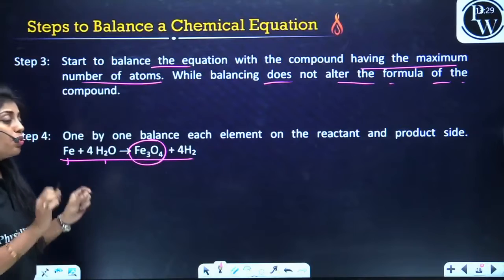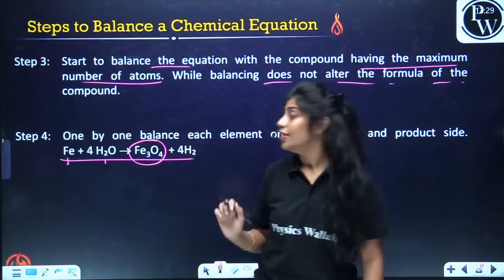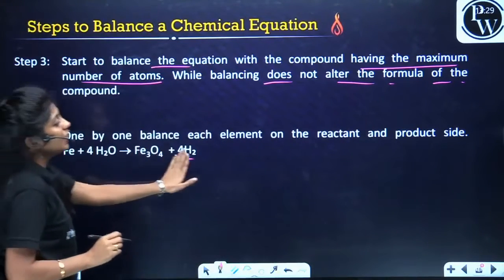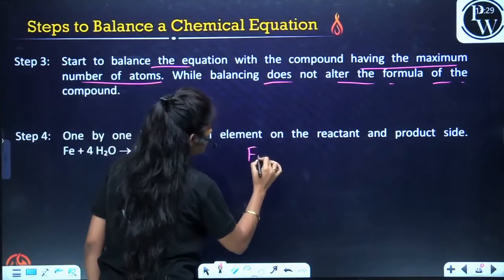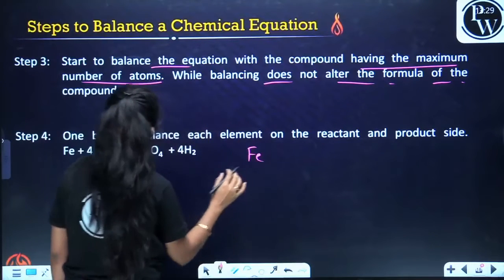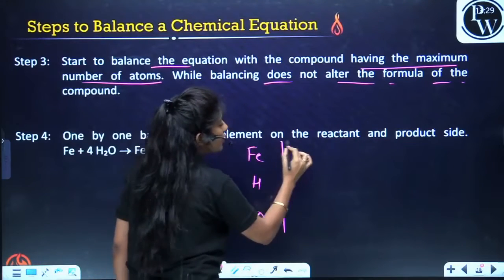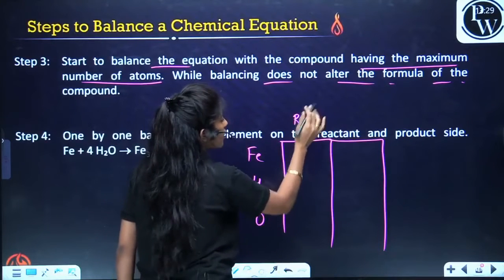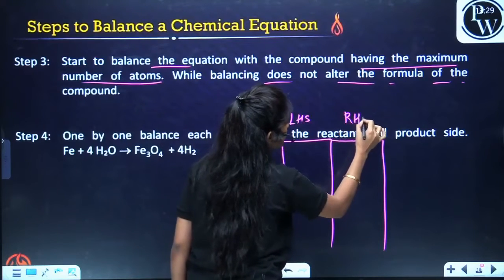We are just supposed to check the number of atoms on both sides, reactant and product. Here you can see, we balance each element one by one on the reactant and product side. Again you need to make a neat and clean table. I have hydrogen, then oxygen, on the reactant side, left hand side, and the product side, right hand side.